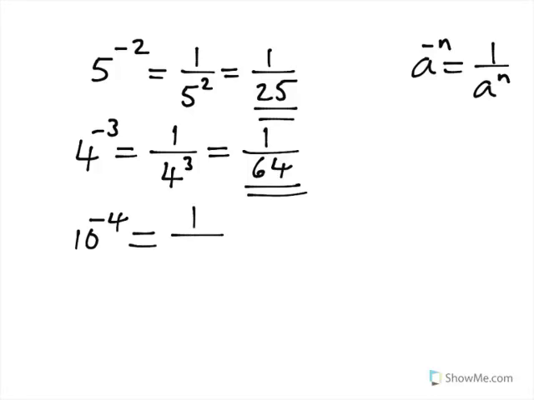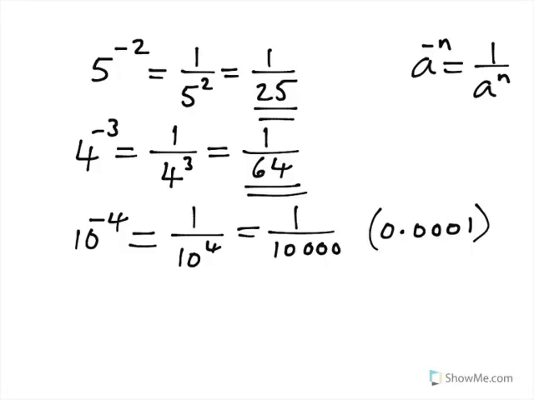It's 1 over 10 to the power of 4, which is 1 over 10 times 10 times 10 times 10, is 10,000. And if I want it as a decimal, what would it be? 0.0001. Okay?